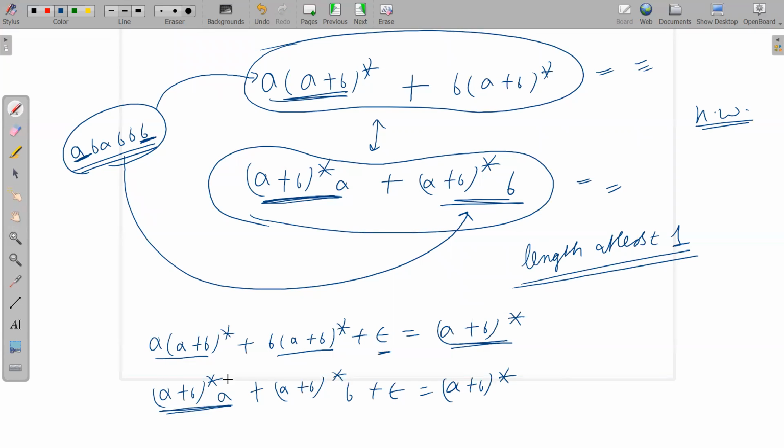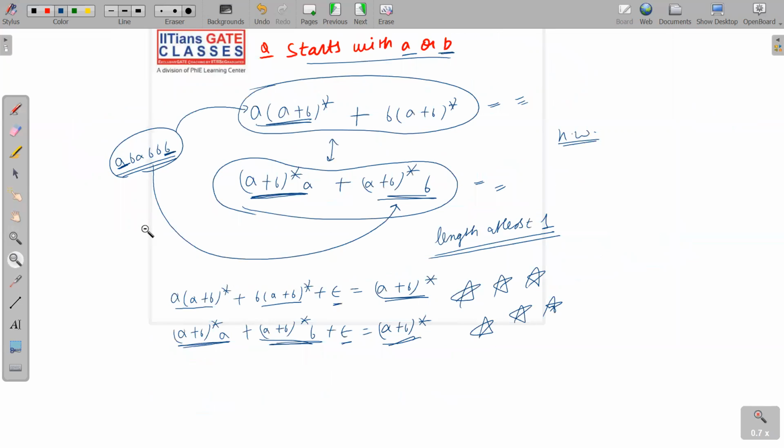All possible strings which end with A, all possible strings which end with B. So only two possibilities: either the string will end with A, or it will end with B. And if it is neither ending with A nor ending with B, that means the null string only, so I have kept the null string also. So this represents all possible strings over A and B, that is nothing but A plus B whole star. These two are very important identities. Please note them down carefully. Let me put everything on one side so that you can note it down.